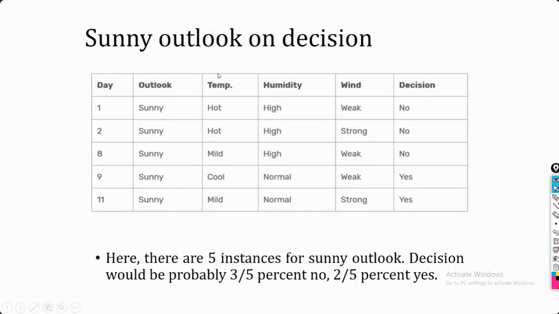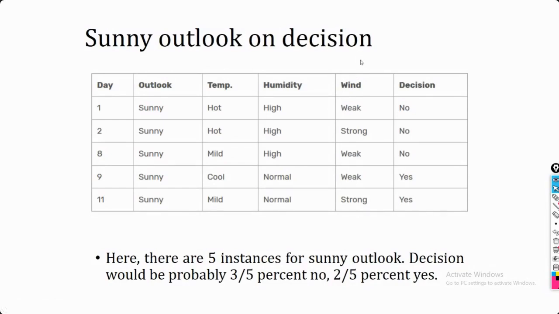So what is the gain with respect to temperature when the outlook is sunny? What is the gain with respect to humidity? What is the gain when the attribute is wind? In that combination we are going to select.